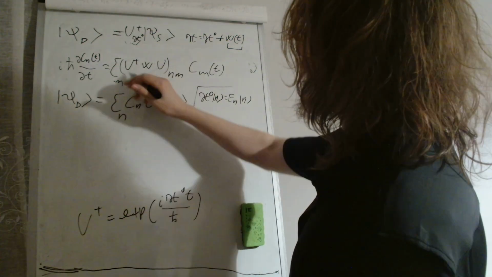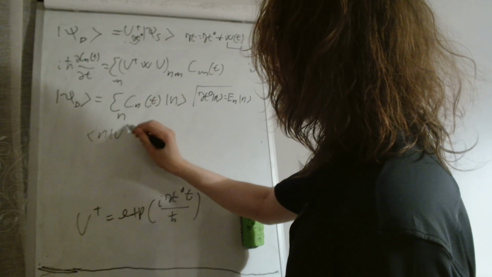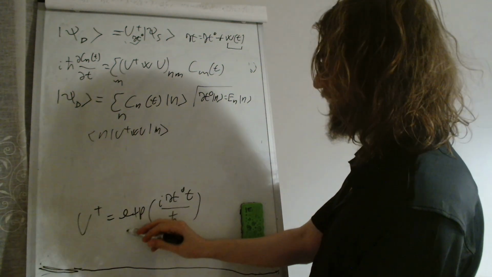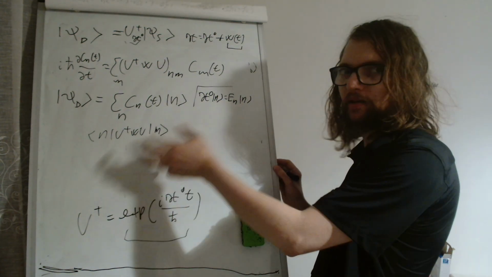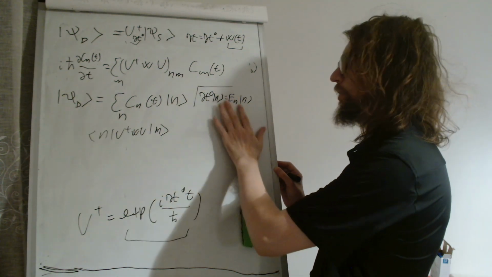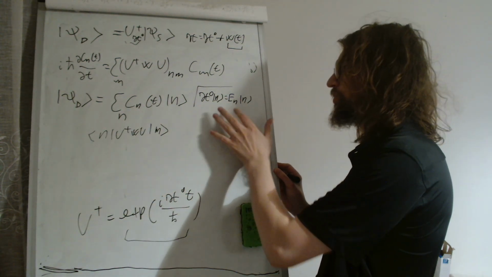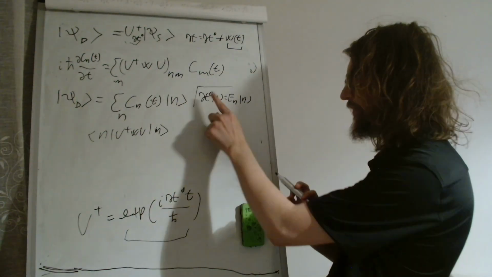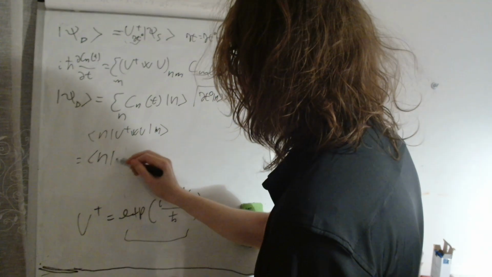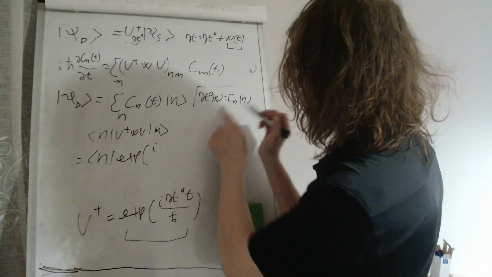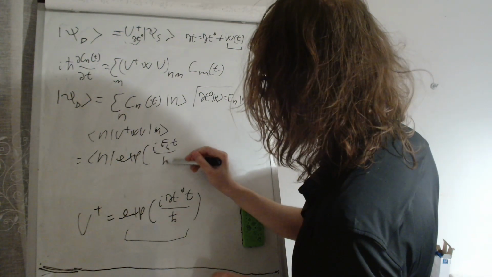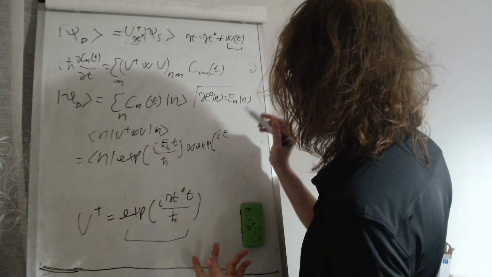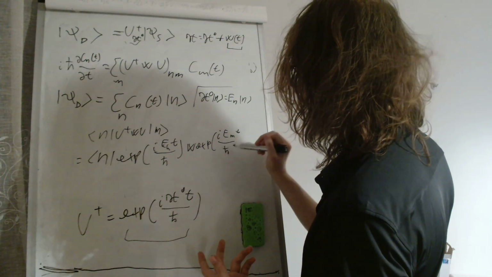Now writing again this as <n|U dagger W U|m>, and remembering that U dagger is this exponential and that the states |n> and |m> obey this time independent Schroedinger equation, we have that <n|U dagger is <n| times this exponential involving H0, so it becomes <n| times the exponential of i En t divided by h bar, W, exponential of i Em t divided by h bar.